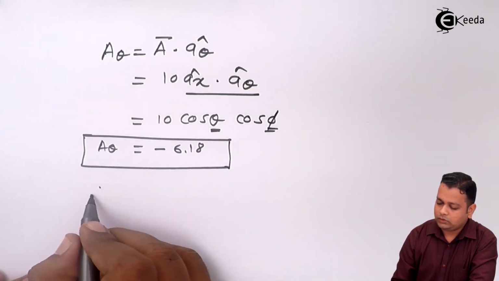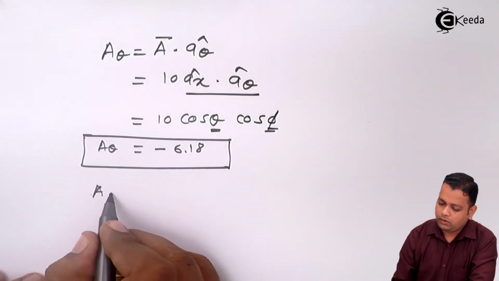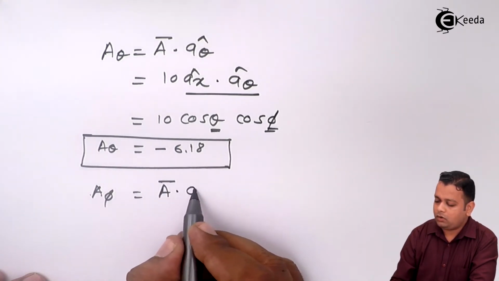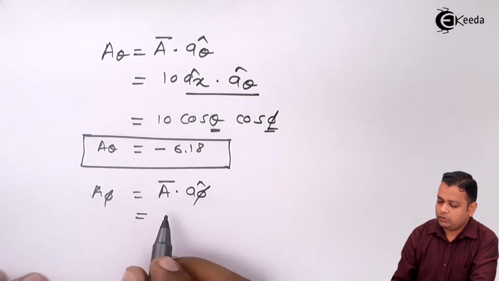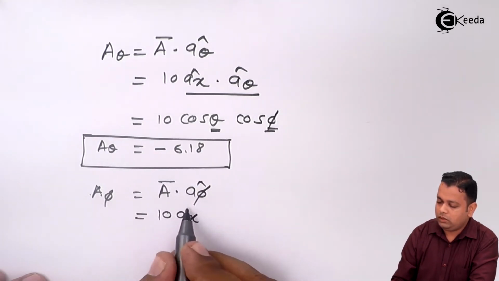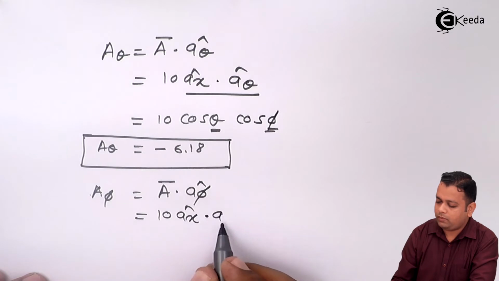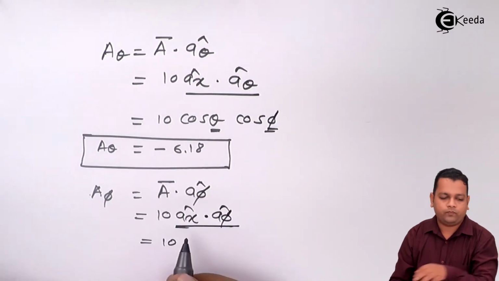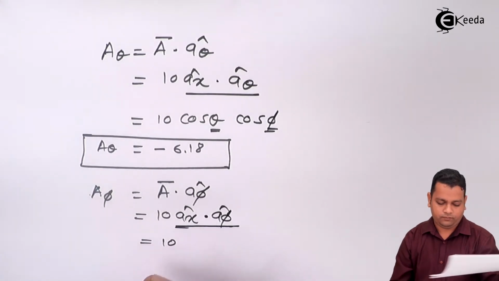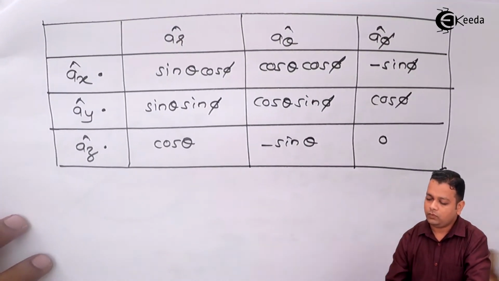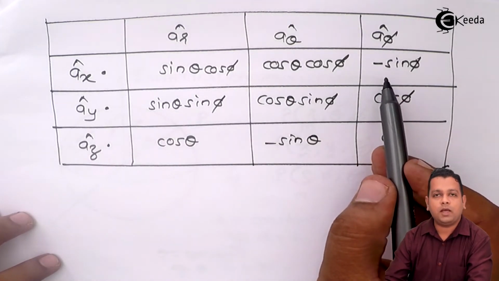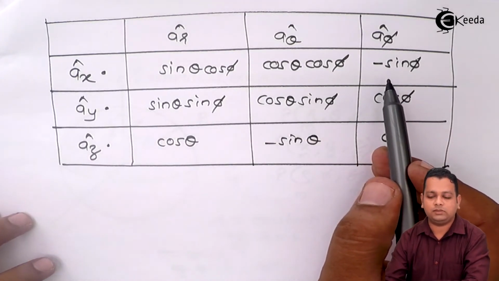Now the last coefficient, A phi, will be given by A bar dot A phi cap. So this is 10 AX cap dot A phi cap. So for this combination, AX cap dot A phi cap is equal to minus sin phi.